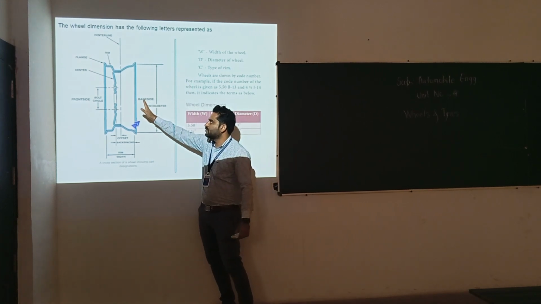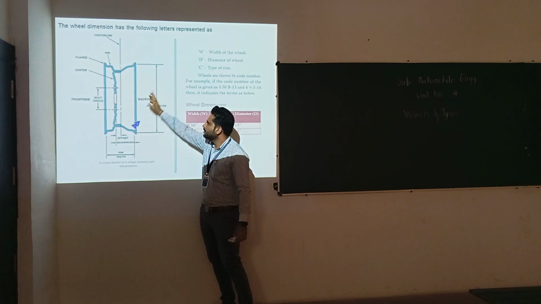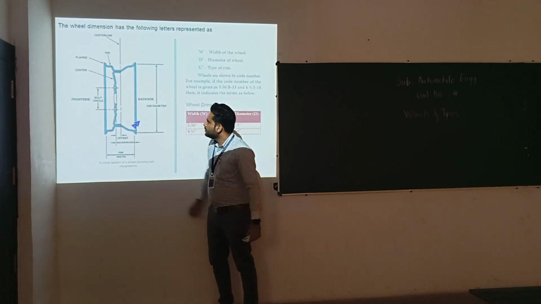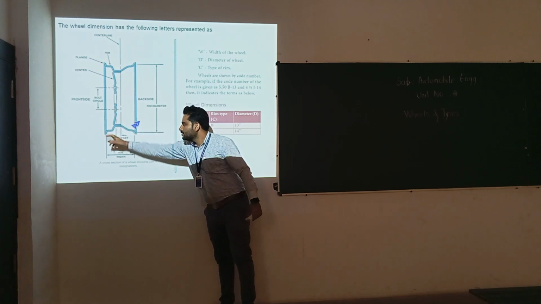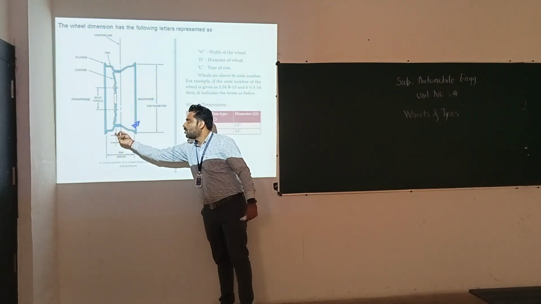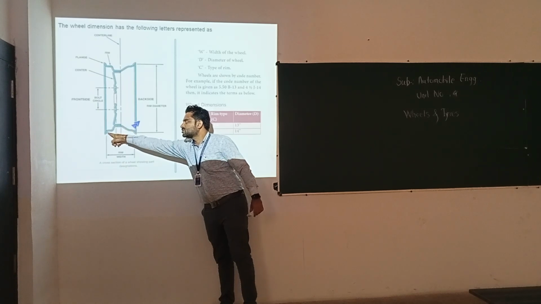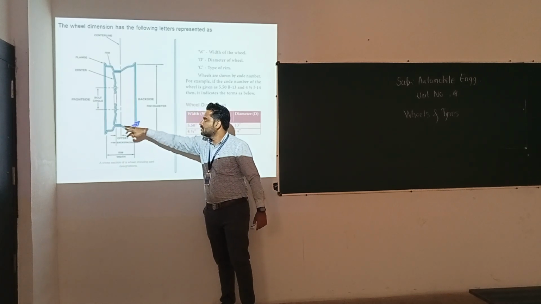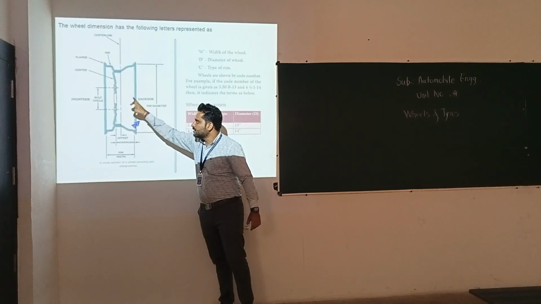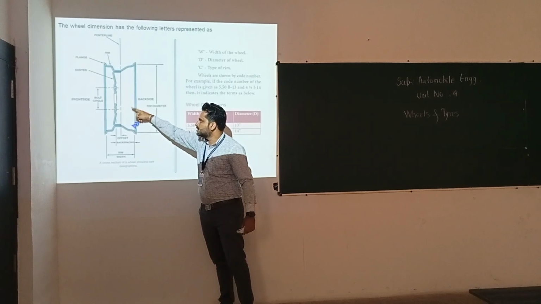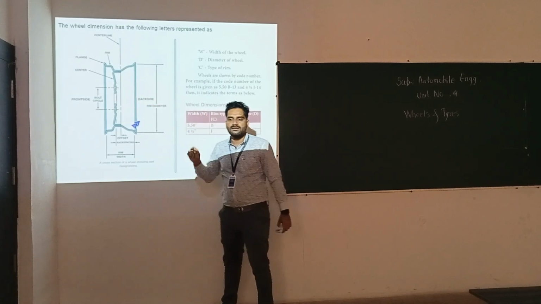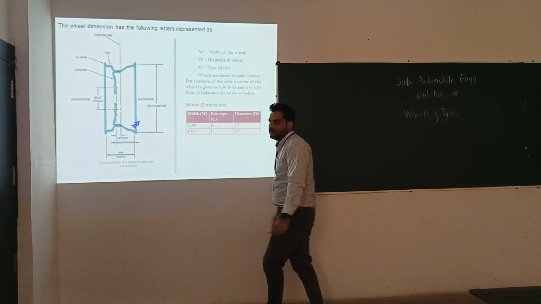Here is the back side of your wheel. This is the diameter of your rim, and this is the width of your rim. This is the offset distance of the rim on which the total construction is welded, and those are the slots of the bolt circle. This is the bolt circle diameter, on which the number of bolts are drilled.